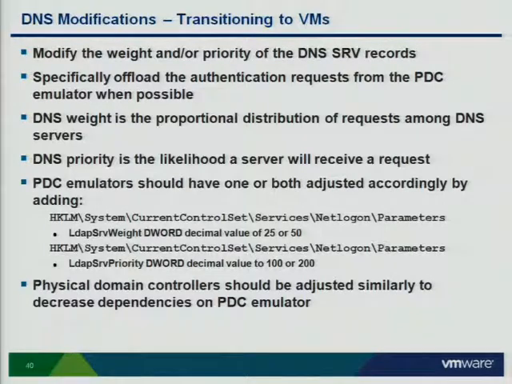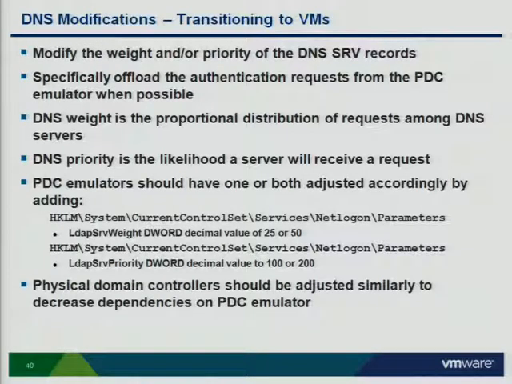We have two parameters that we can dance with here, DNS weight and DNS priority. DNS weight is the proportional distribution of those requests. As you can see, I've got a couple of settings down here at the bottom. The first one is showing the LDAP server weight, which we suggest you lower to about 25 or 50. Its default value is 100. That means that for whatever DNS record for this domain controller, 100 represents 100%, so there's a 100% chance you may receive a logon request of the proportional distribution of requests that I receive.